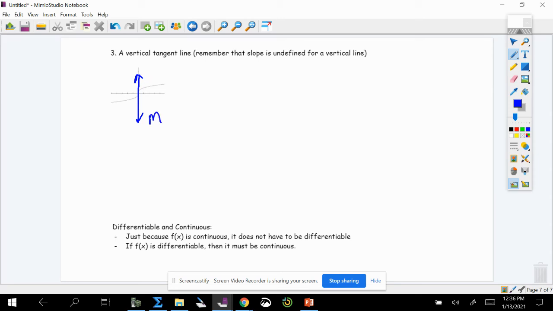Anything that is vertical has an undefined slope, or we would say no slope. Because of that, if there is a spot that has a vertical tangent line, we would say it is not differentiable. It doesn't happen very often. A lot of times cube root graphs will have it. I think this graph right here is the cube root of x. But it is not something that shows up very often. It can be very difficult to see on a graph because it's just that slight moment when it's straight up and down.